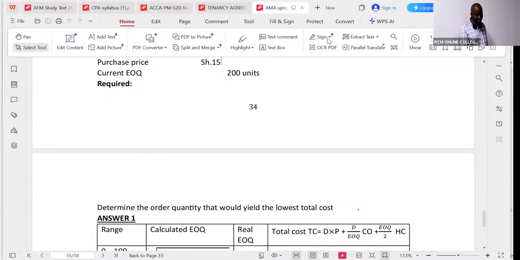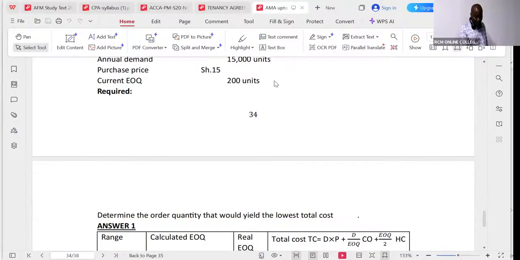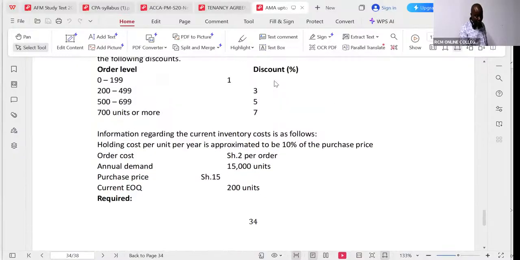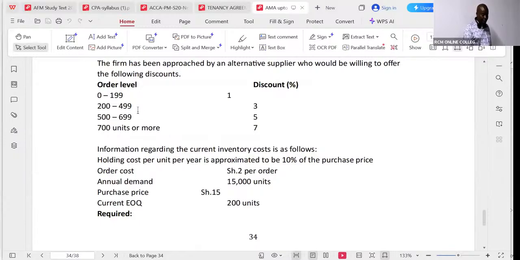I will not panic at all. First of all, I'll draw this general skeleton where I start with the order level, the bands.